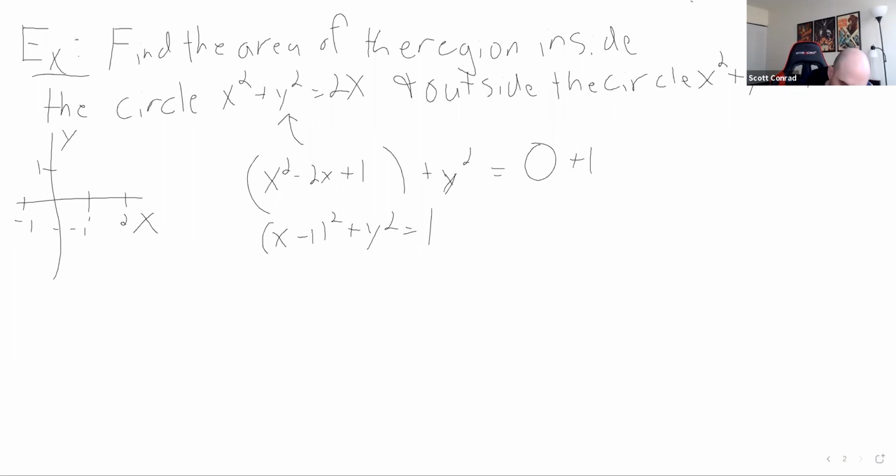It's going to go through the origin, because the origin is distance 1 away from the center. You want everything inside of there, and outside of the circle x squared plus y squared equals 1, the unit circle centered at the origin.